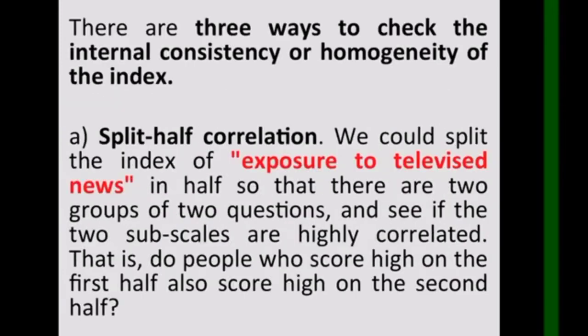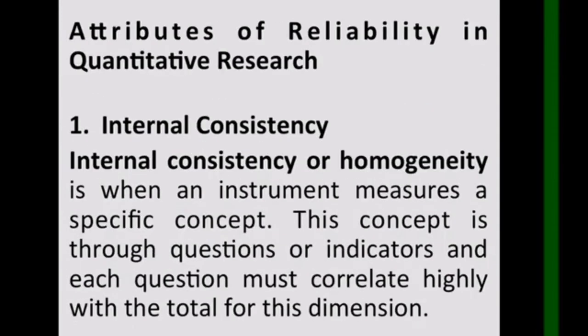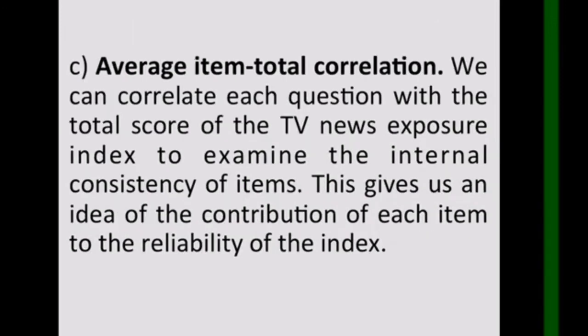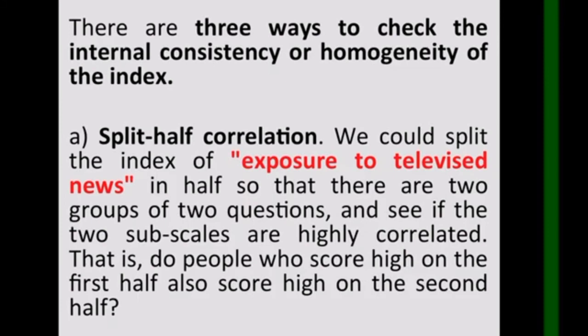So, yung unang attribute is internal consistency. Now, yung second is stability or test-retest correlation. So, ito naman is magbibigay ka na ulit ng test, no? So, yung una, magbibigay ka ng test sa mga bata at i-check mo yung internal consistency niya.